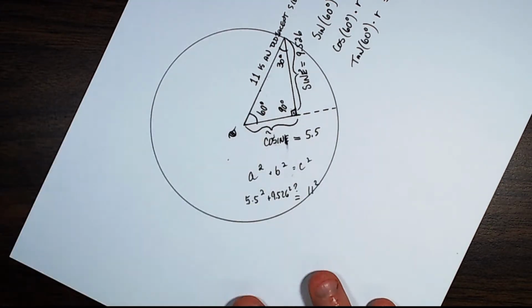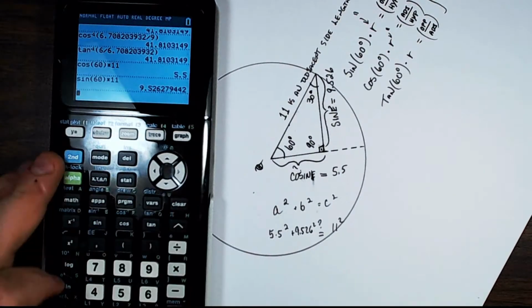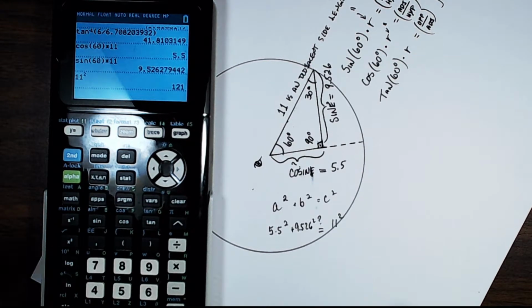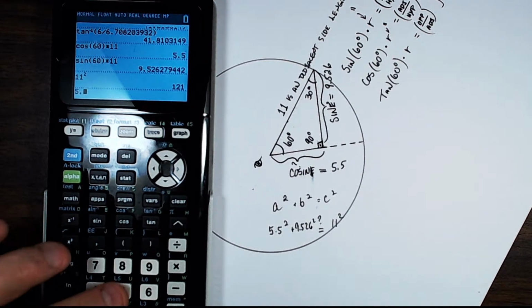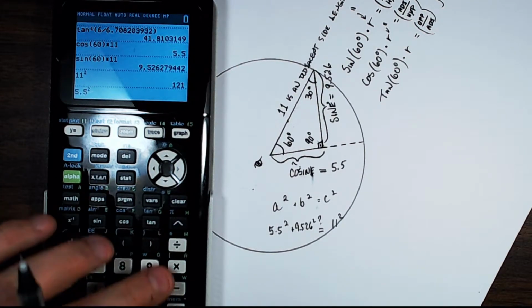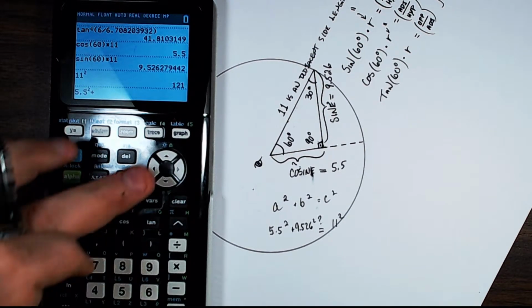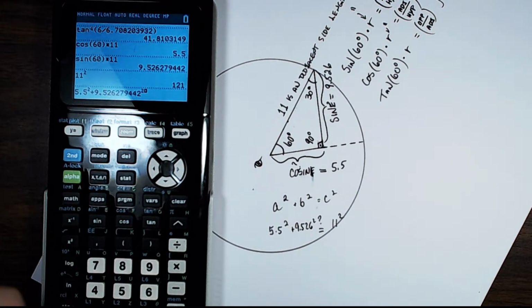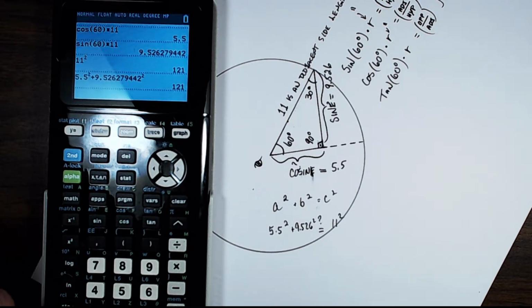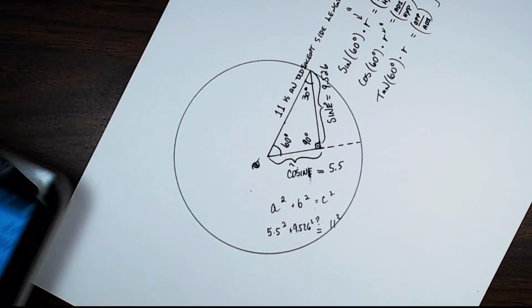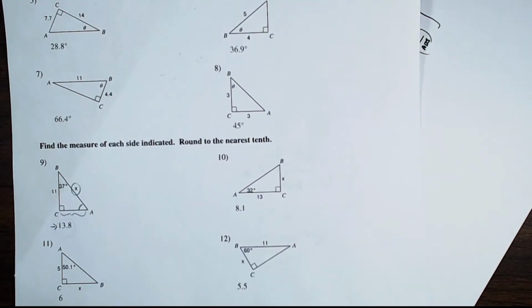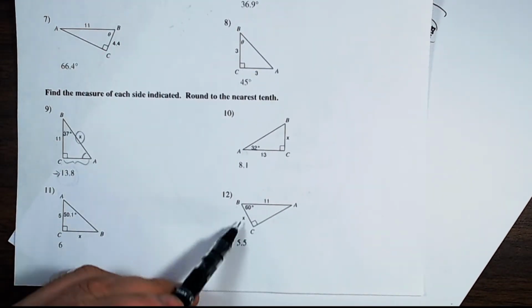Let's see if that's actually true. What is 11 squared? Well, that's 121. So let's see if 5.5 squared plus this side length squared equals 121, and it does. So that verified that we found the correct side lengths. And indeed, from my answer key, x is 5.5.